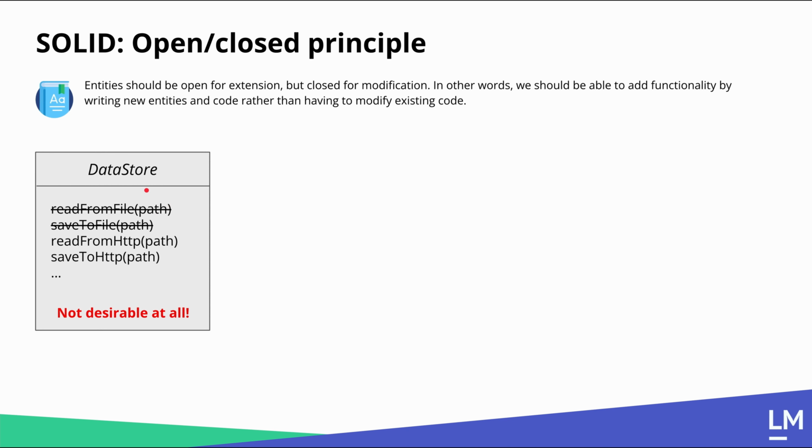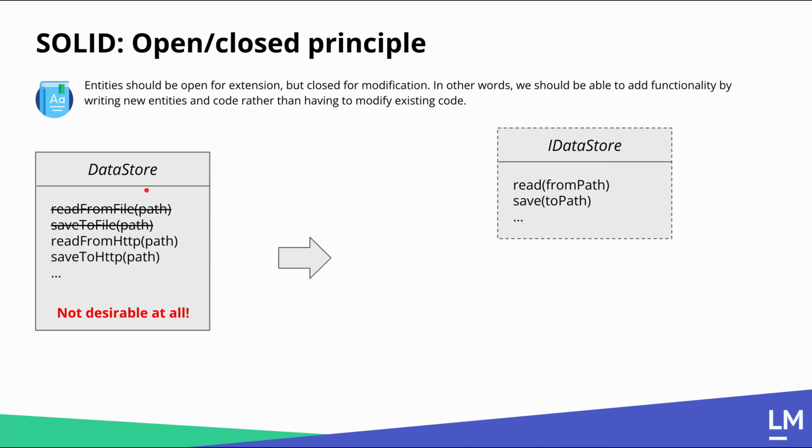Well, the solution here is, as you may expect, for us to introduce a sensible abstraction on top of our data store. So instead of having methods read from file, read from HTTP, and so on, we have a stable interface. This interface tells whoever is using our module: look, if you want to work with our data store, here are two methods.